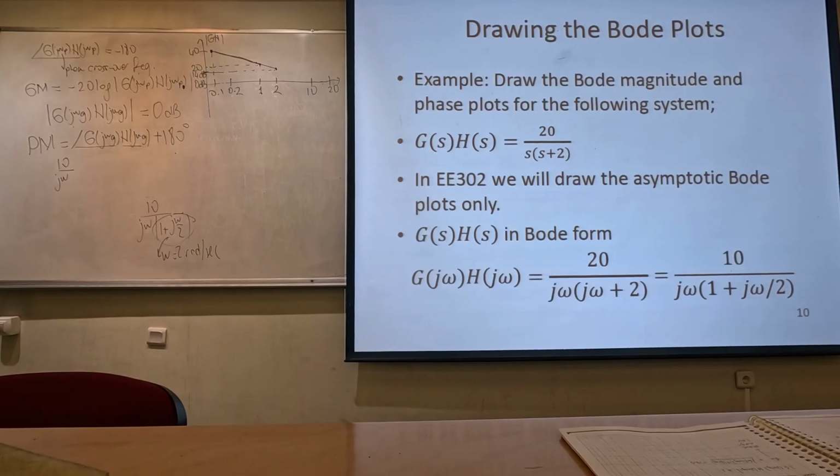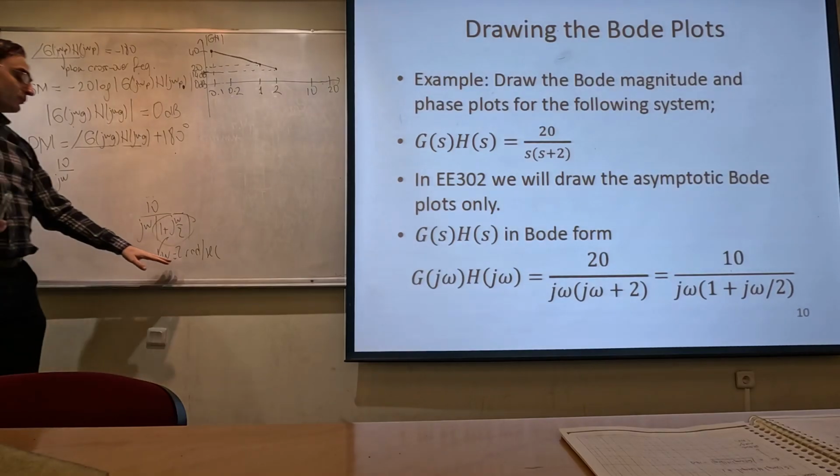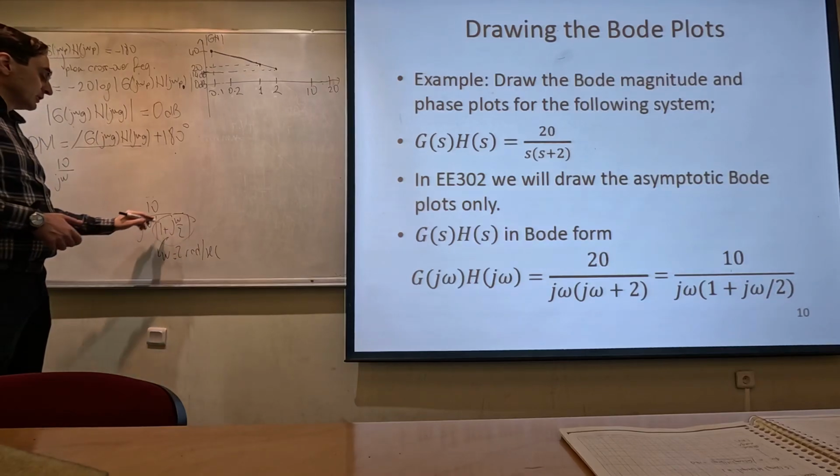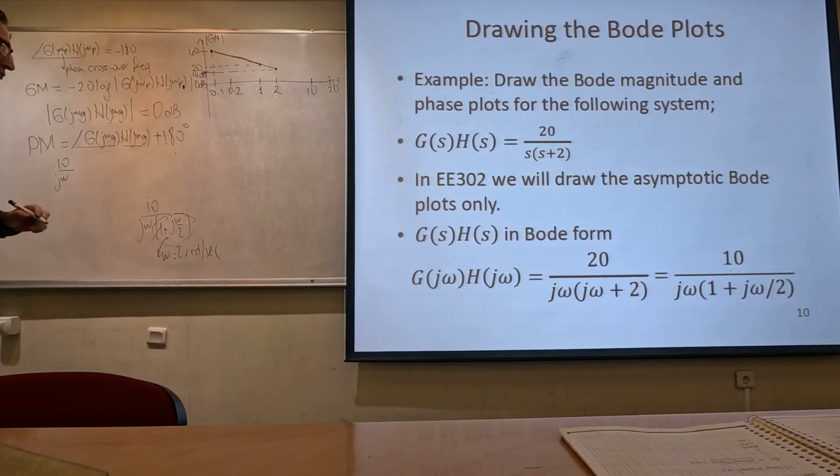And then what is going to happen for frequencies larger than 2? For frequencies larger than 2, this 1 is going to be negligible. So I will have 10 over j omega times j omega divided by 2. This is going to be my transfer function that I need to draw. And I know that such a thing would behave like another line.